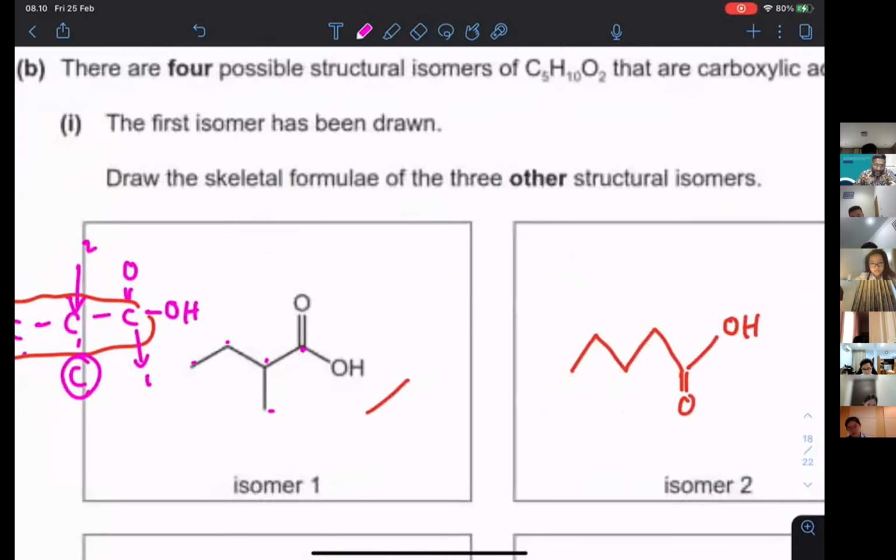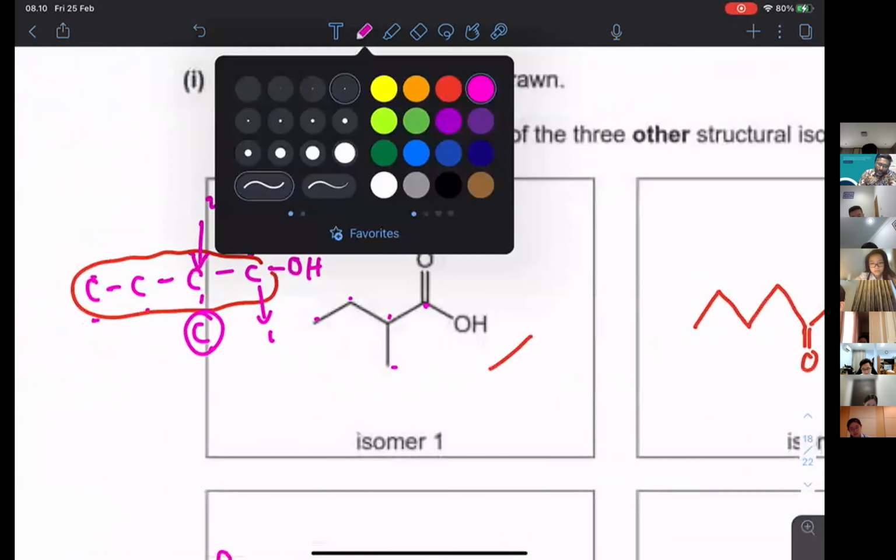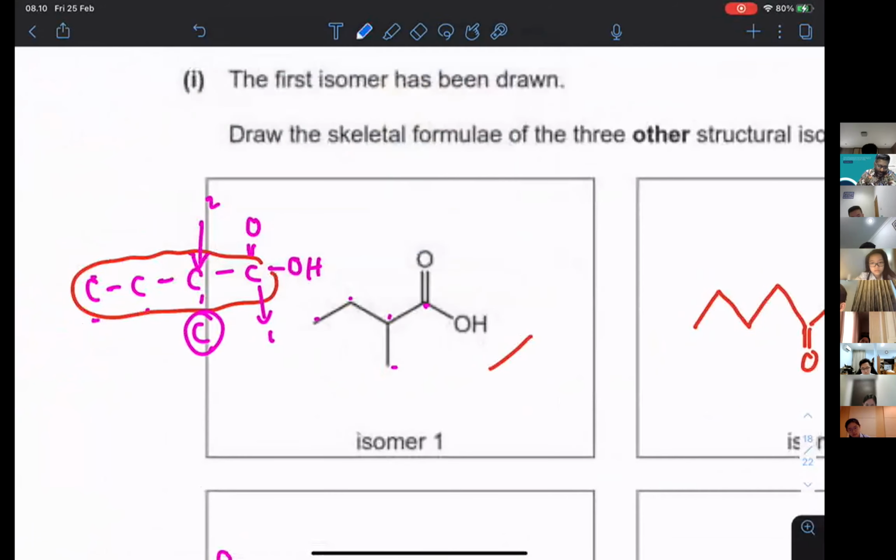Looking over here, this is attached to CH3, which is 1 carbon environment. This one is attached to 2 H2, so I can see another environment. This one is attached to hydrogen here and CH3, already a different environment also.